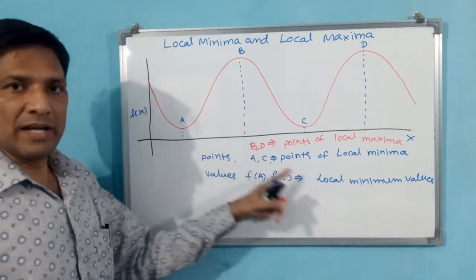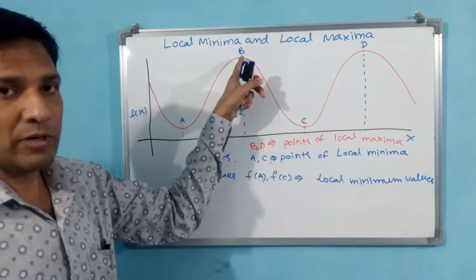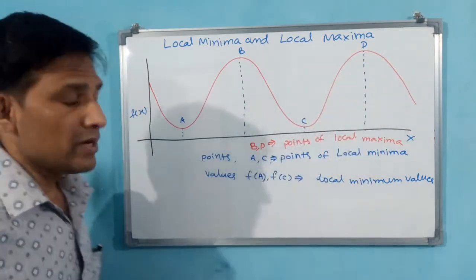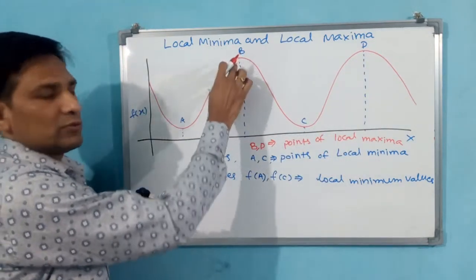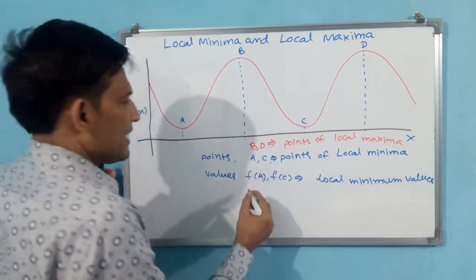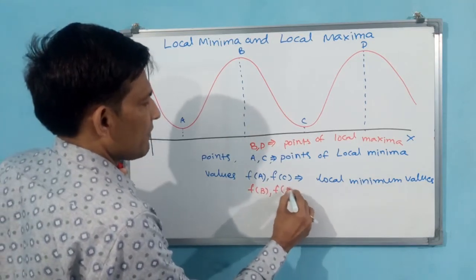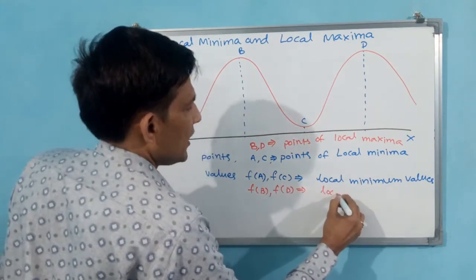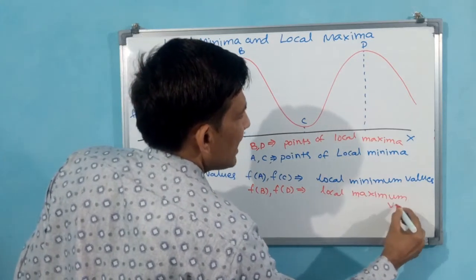This point we can call local minima, and this local minima. This we can call local maxima, and this local maxima. The value at this point is the local maximum value, and the value at this point is the local minimum value. Likewise, f of B and f of D are local maximum values.